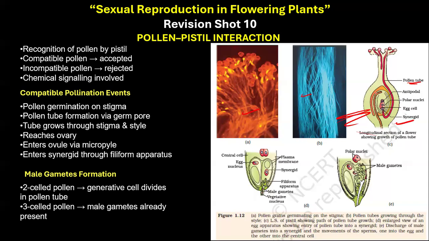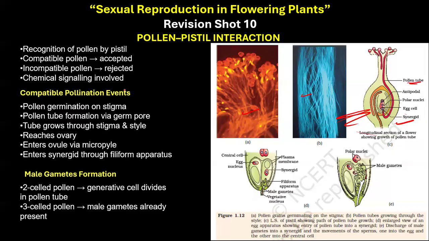So when the pollen tube grows, the generative cell divides into two in the pollen tube itself. In plants shedding three-celled pollen, both male gametes are present from the start. Just remember these two points, they're very important.